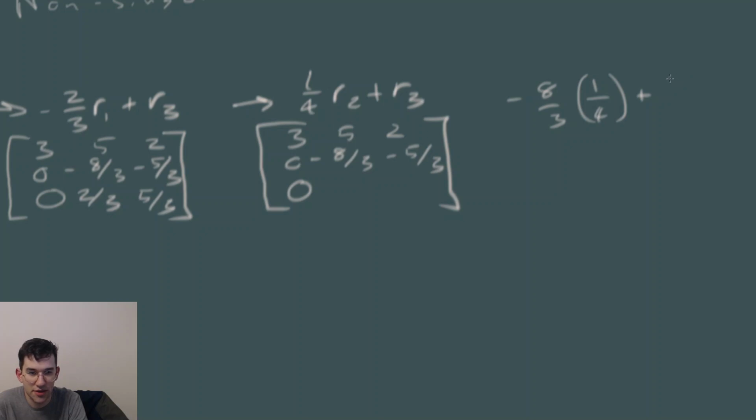Plus 2 thirds equals, well, we're multiplying them, so we can cancel 8 and 4. 8 divided by 4 is 2. Negative 2 thirds plus 2 thirds is 0, which is what we wanted.